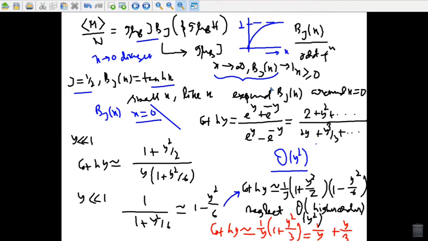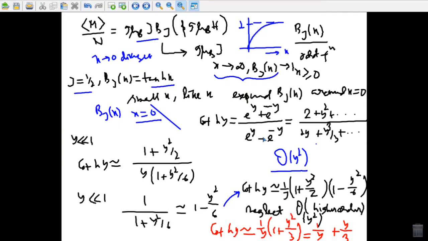We can write coth y as nothing but cosh y divided by sinh y. The denominator of both sinh and cosh is 2, so this cancels out, and eventually it becomes e to the power y plus e to the power minus y divided by e to the power y minus e to the power minus y, which is 2 plus y square plus dot dot, divided by 2y plus y cube by 3 plus dot dot.